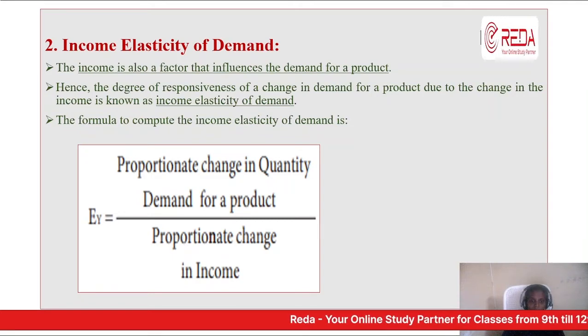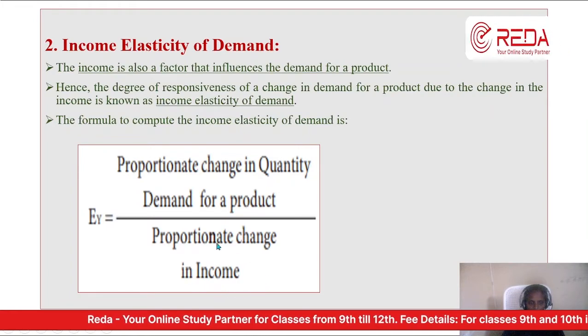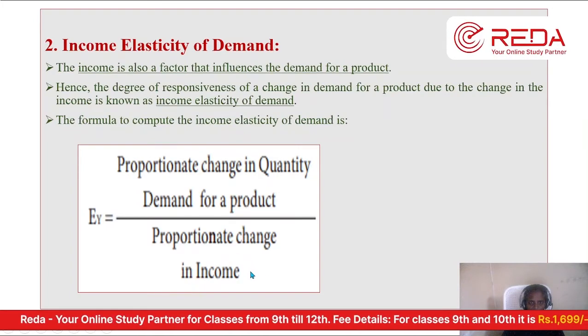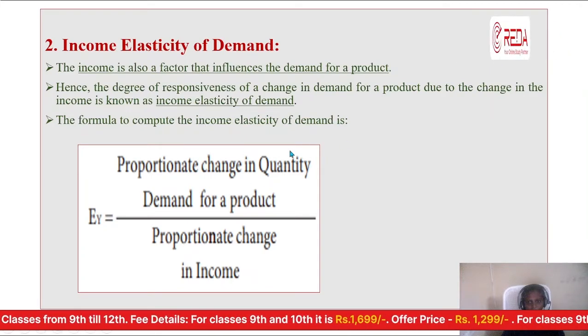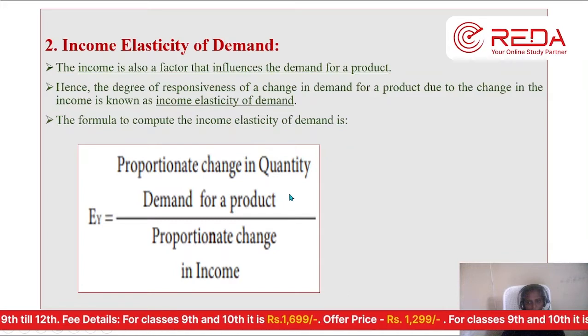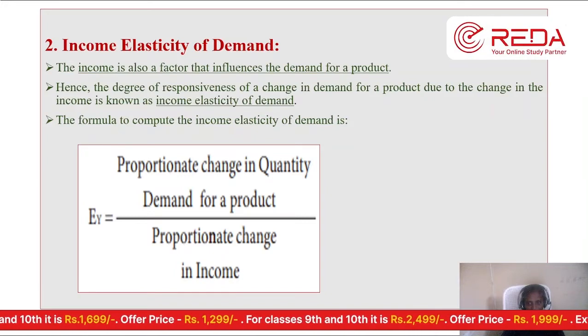When your income increases, when your parents are giving 500 rupees as pocket money for your birthday, what will happen? Obviously, according to the increase in the amount of money in your hand, you will take your friends to the canteen for a treat.